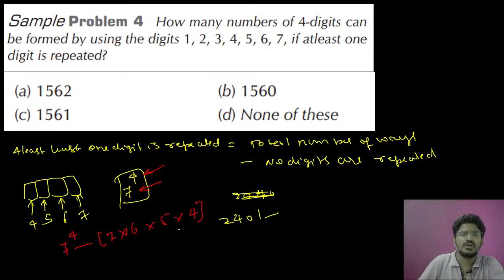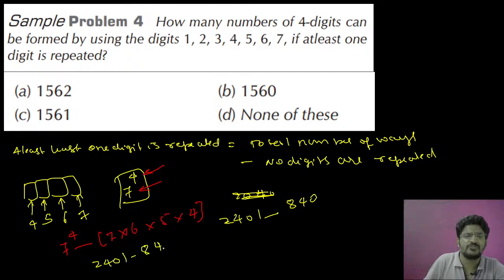Minus, here you can see 7 into 6 into 5 into 4. 7 into 6 is 42. 42 multiplied with 20 is 840. So 2401 minus 840 will be equal to 1561.